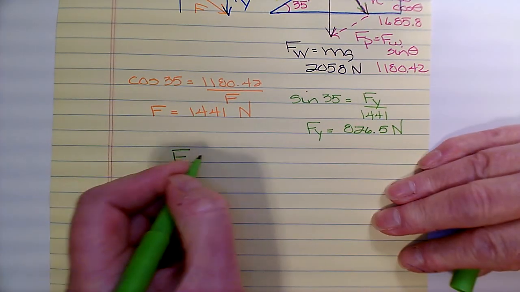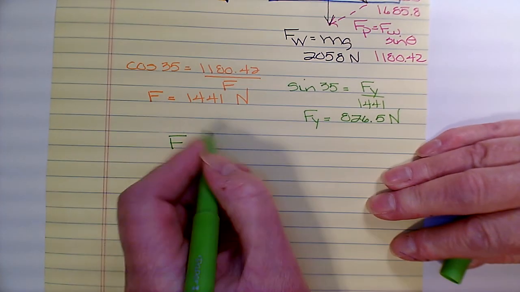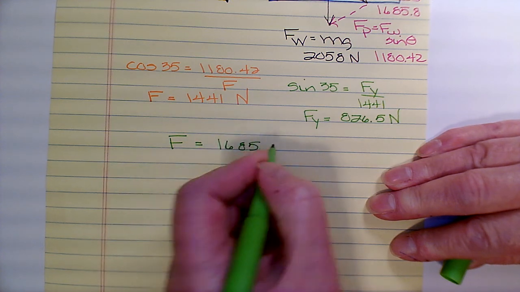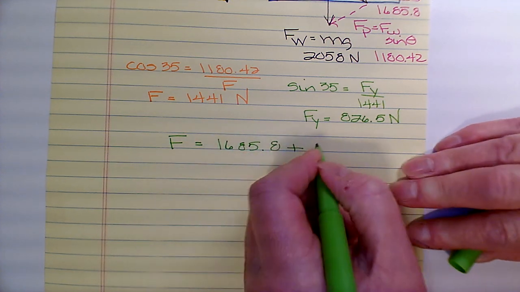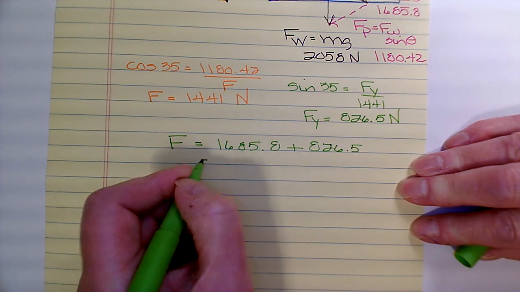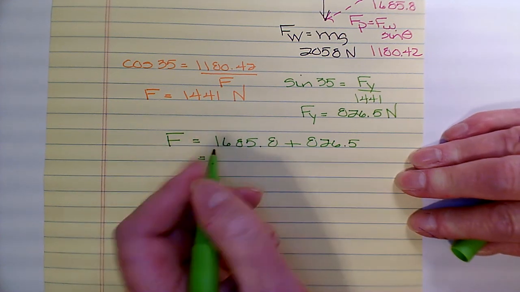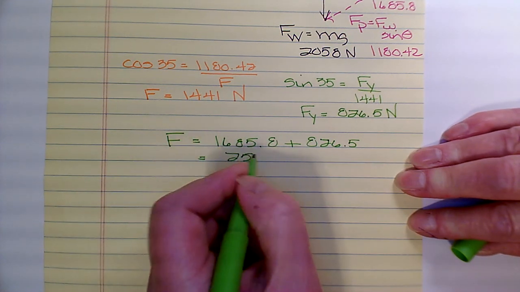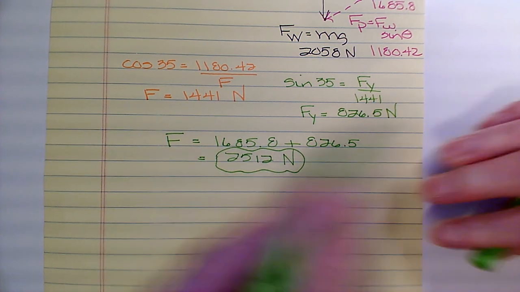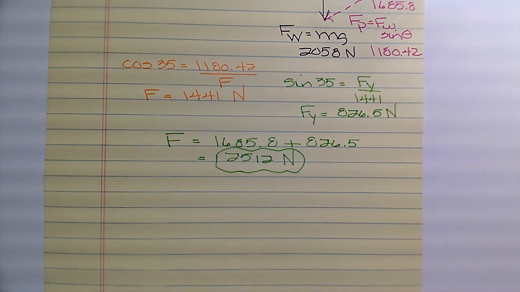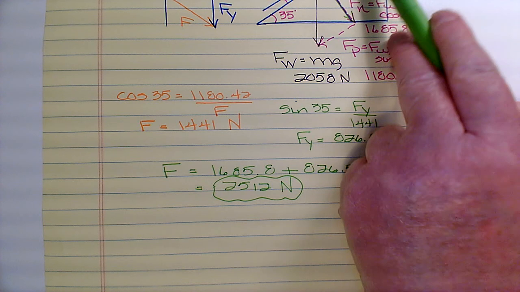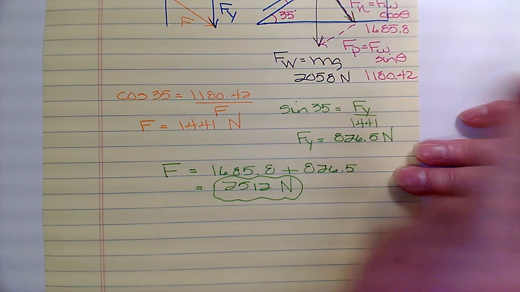So the crate is going to press up with the 1685.8 plus the 826.5, and hopefully that is very close to 2512 newtons. All right, again, in summary, when you have something odd happening, break it down into the components that match your axes.